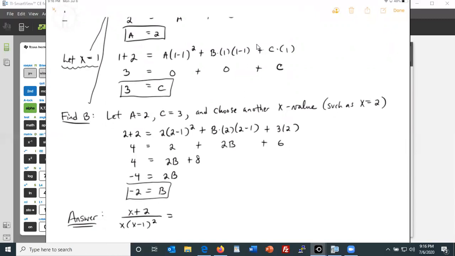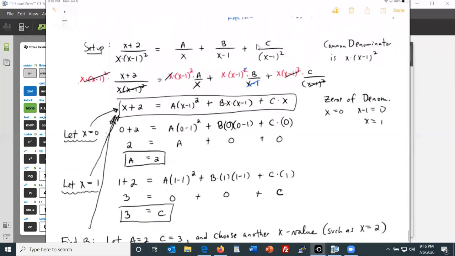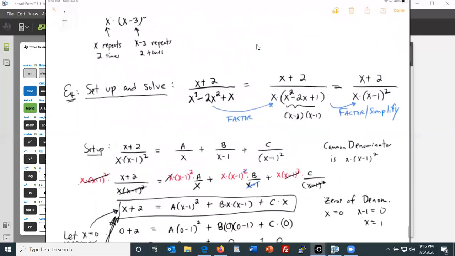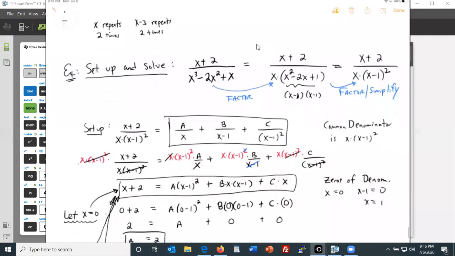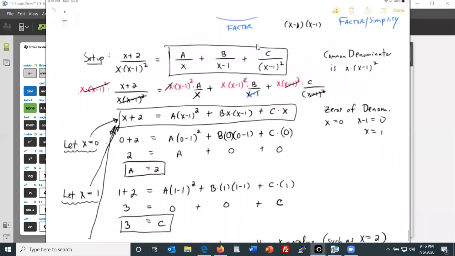Okay, so writing out the final answer. Remember, we have to set up and solve for the A, B, and C values from here. So now we just take our numbers and put them on top where A, B, and C are.